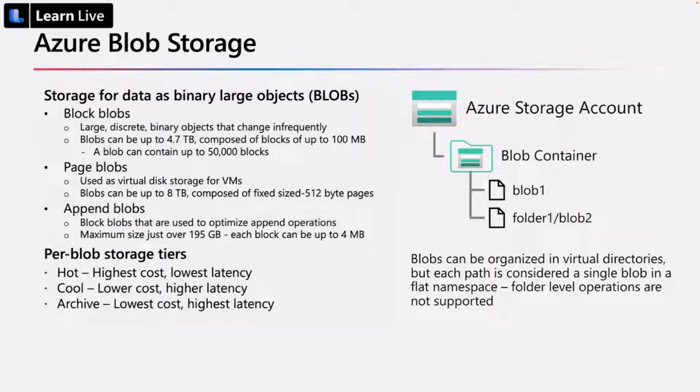Within blobs, once you have them there, you have these storage tiers that are available to you, which allow you to have things like cost controls around the data that you store. Not everything that we upload to storage needs to be immediately available 24/7. We might not be reading it every day, every second.